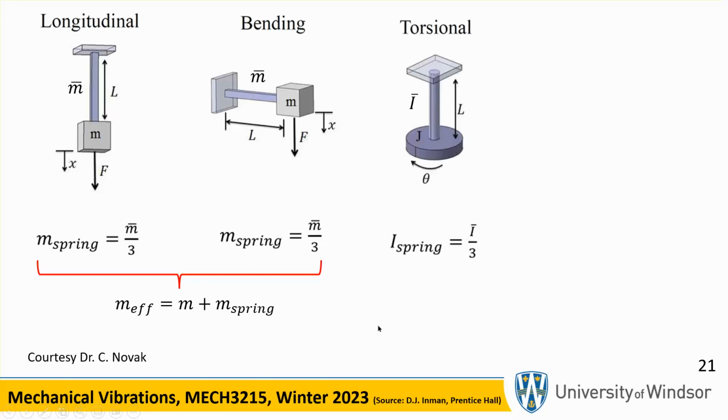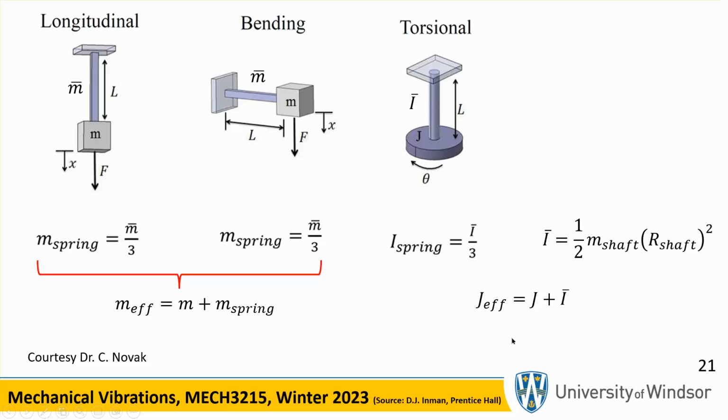Now, when you look at the torsional spring, mass is not important, but mass moment of inertia is important. So be careful. If you look at this spring, the spring is right up here, this column. Whatever the mass moment of inertia of this is, take a third of it and add it to the mass of this. But this is not the mass, because torsional is J. It's mass moment of inertia about the mass center.